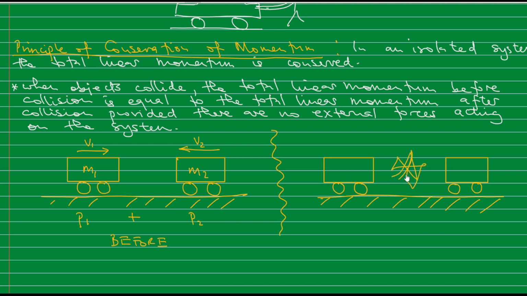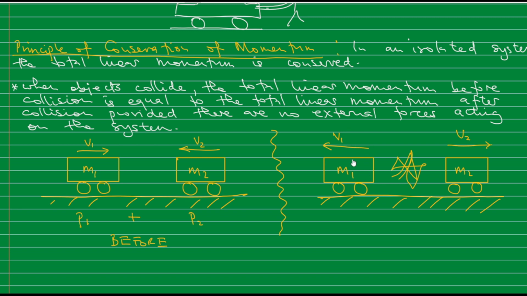So this trolley M1 will move in the opposite direction, let's say with V1, and trolley 2, M2, will move in the other direction, with V2.